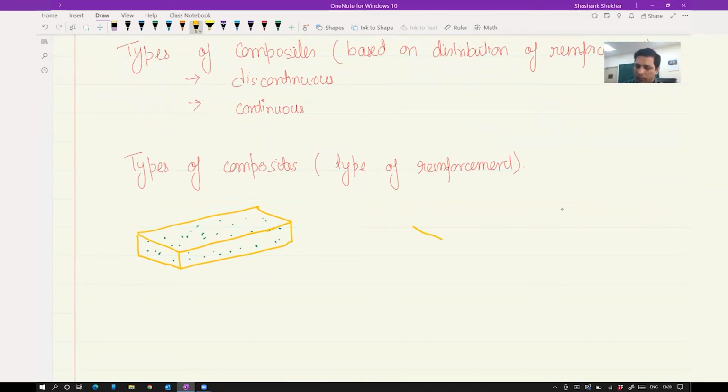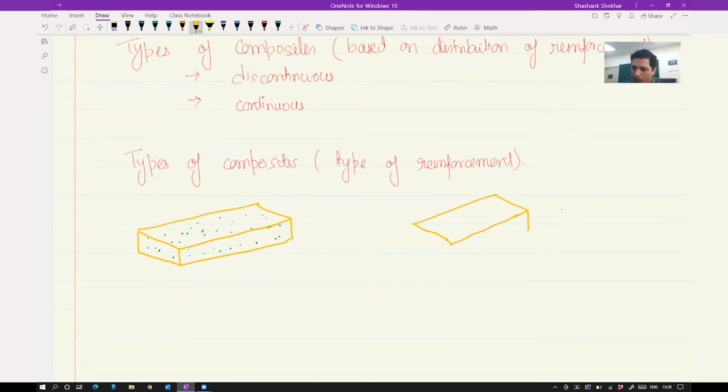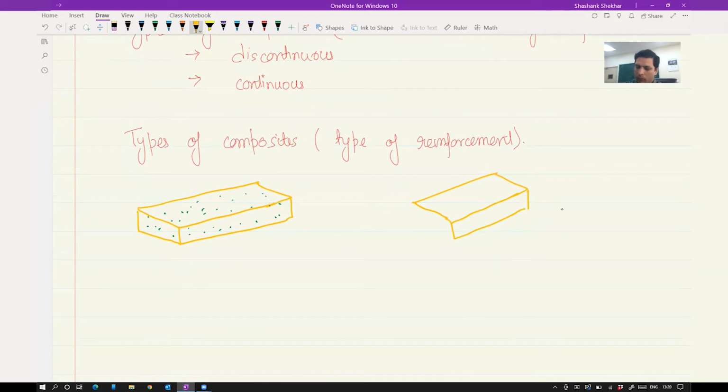Or you can have continuous fibers, where the fibers may run from one end to the other end. So this would be a continuous fiber reinforcement.